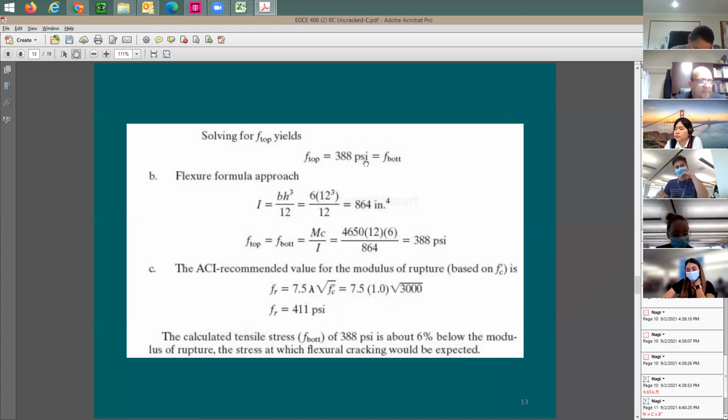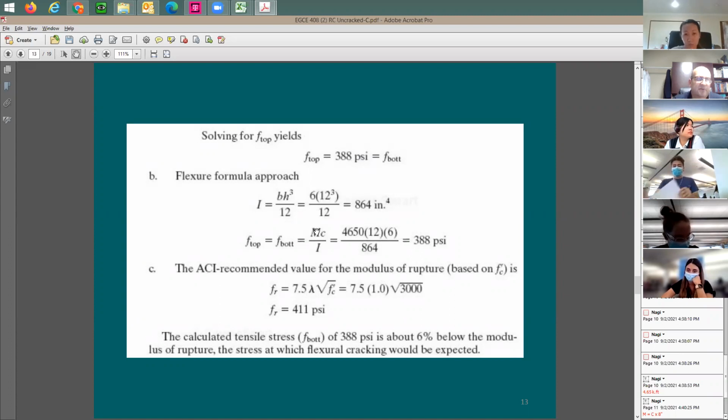Okay. How about the stresses, top and bottom, based on the section modulus? You can say yes, like what we have done in the past with the very first example. Let me find out the moment of inertia. Here's the moment of inertia, BH cubed divided by 12. Let me find out the stress, top and bottom.